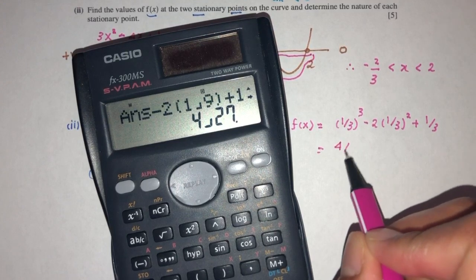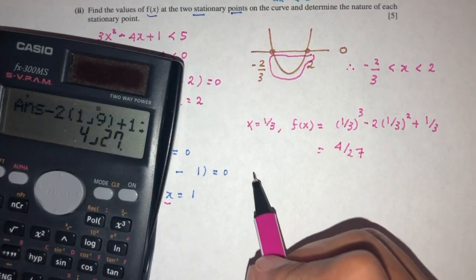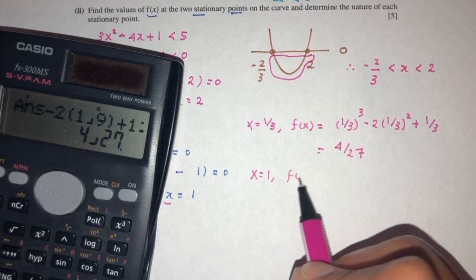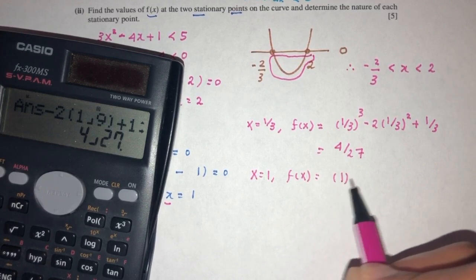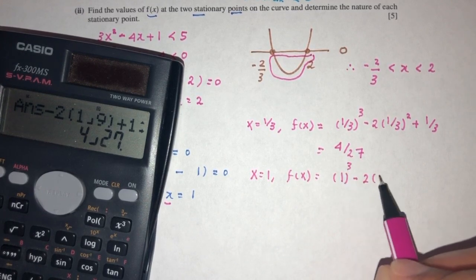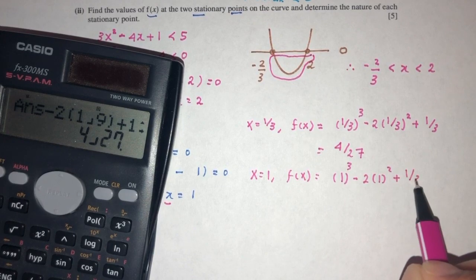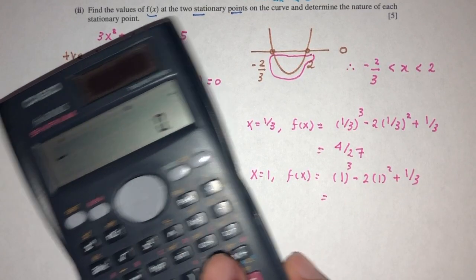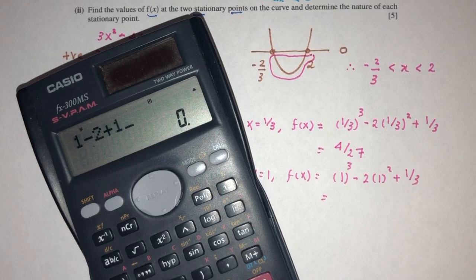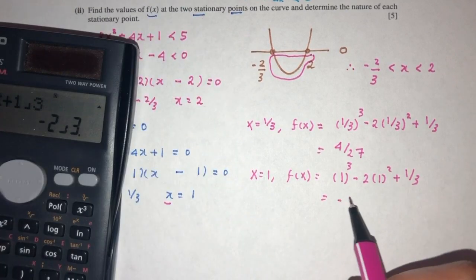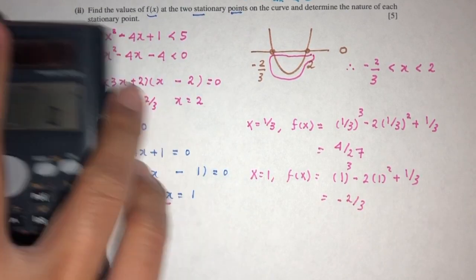That should be 4 over 27. Now, when x is equal to 1, what is the value of f of x? That will be 1 minus 2 plus 1 over 3. That should be minus 2 over 3.